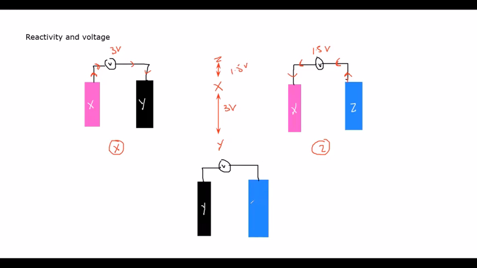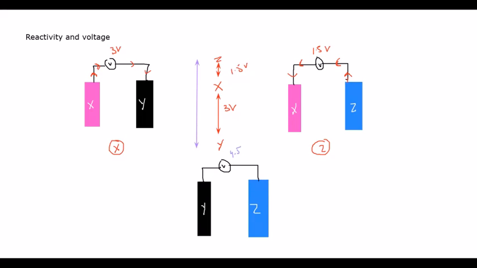What is the voltmeter reading here? Between Y and Z, what will be the voltage? From Y to Z: 4.5, because from Y to X is 3 and from X to Z is 1.5. So the total will be 4.5. So this will give 4.5 volts.